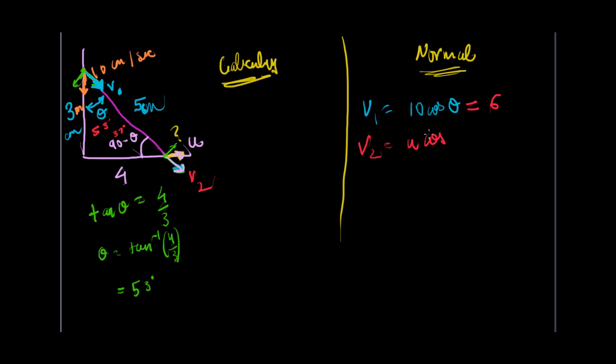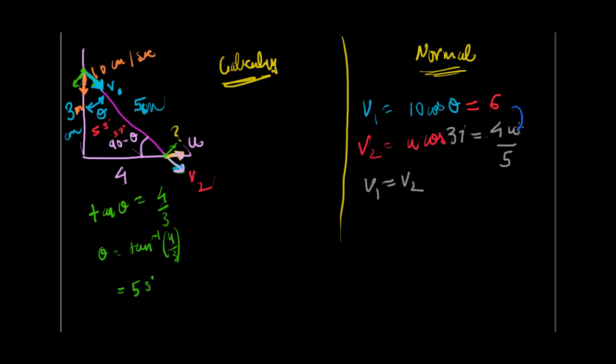So this is u cosine of 37 degrees, which is 4 by 5, so this is 4u by 5, right? And v1 should be equal to v2. That is a must, because if that wasn't the case, then the length of the ladder would change. So that's clearly not the case, so they have to be equal.